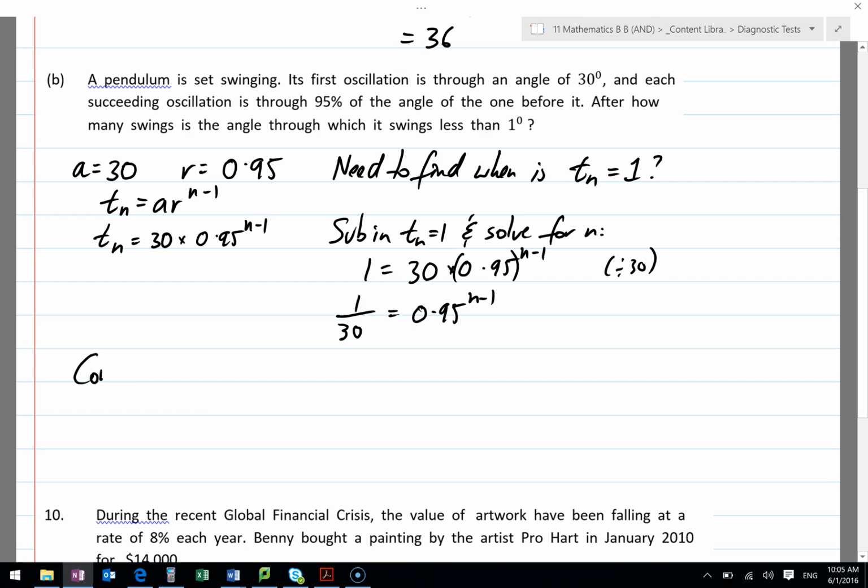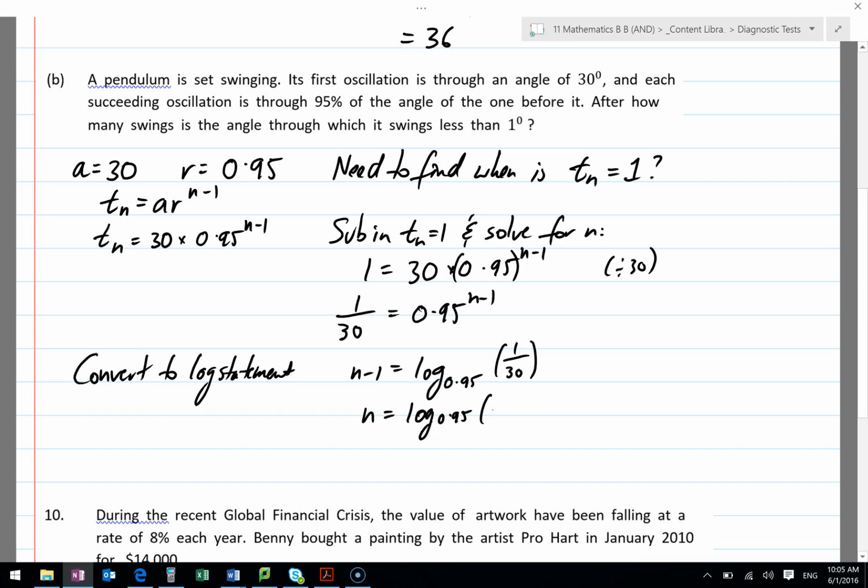Okay, and then convert to a log statement. Remember, unknown power, need to use logs. That unknown power has a log of base 0.95 and we're trying to get to 1 on 30. So the n that I'm after would be this value plus 1.